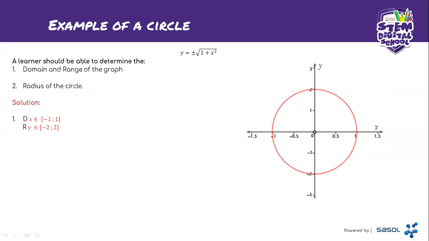The domain, remember, we are referring to x values. We have to check where the graph starts and where the graph ends. You can see x is an element of -1 to +1. The graph starts here at -1 and then ends.